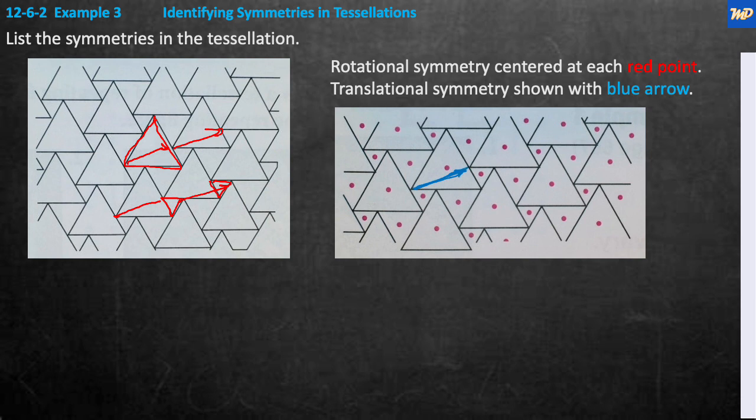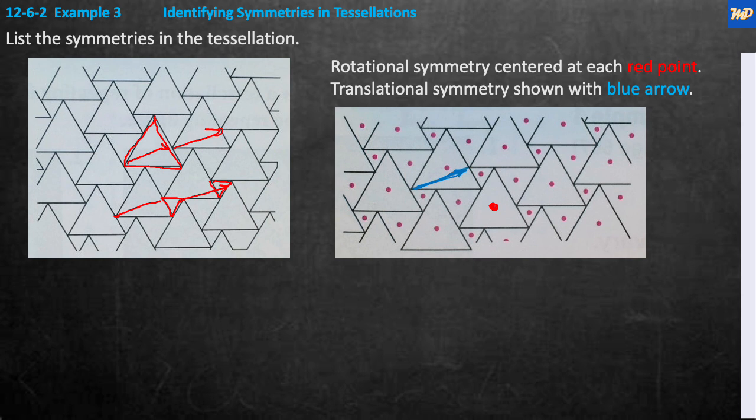And then there's rotational symmetry around the red points. So every one of these triangles, now we'll go back to red. If you go to this point here, this triangle can rotate 3 times, right? We know that there are 3 rotations, 120 degrees each, around this circle, around the triangle.